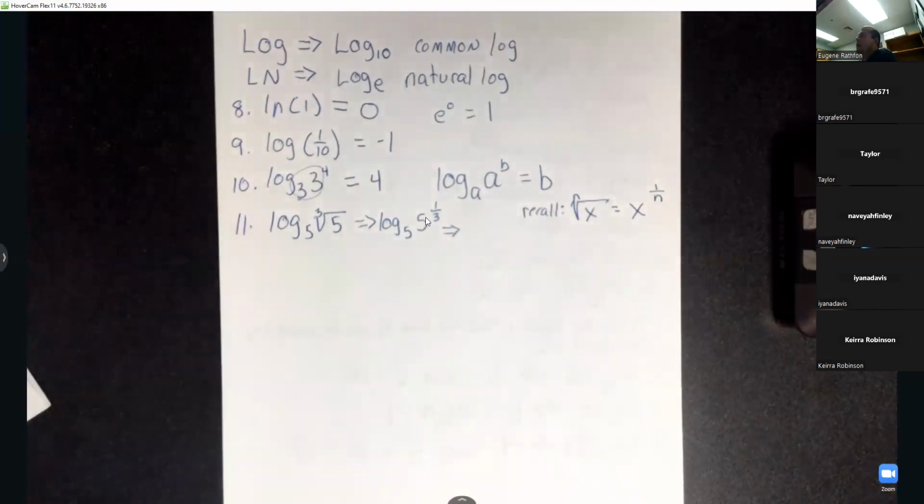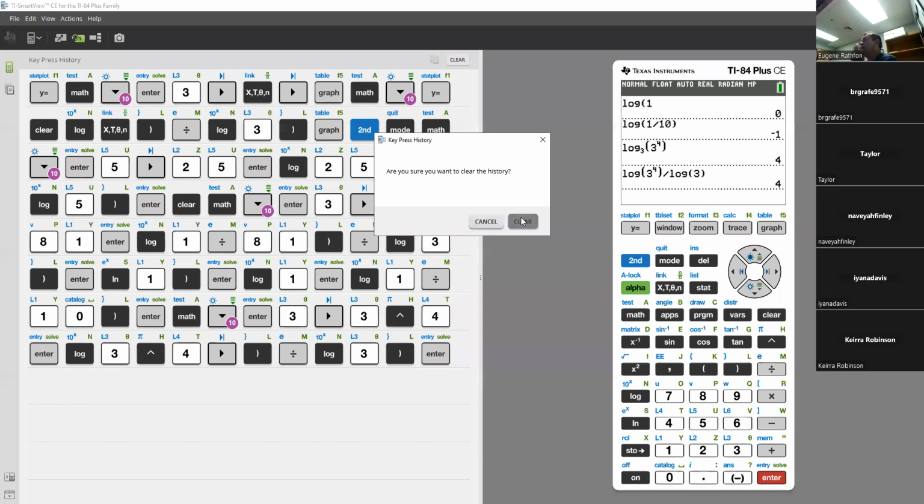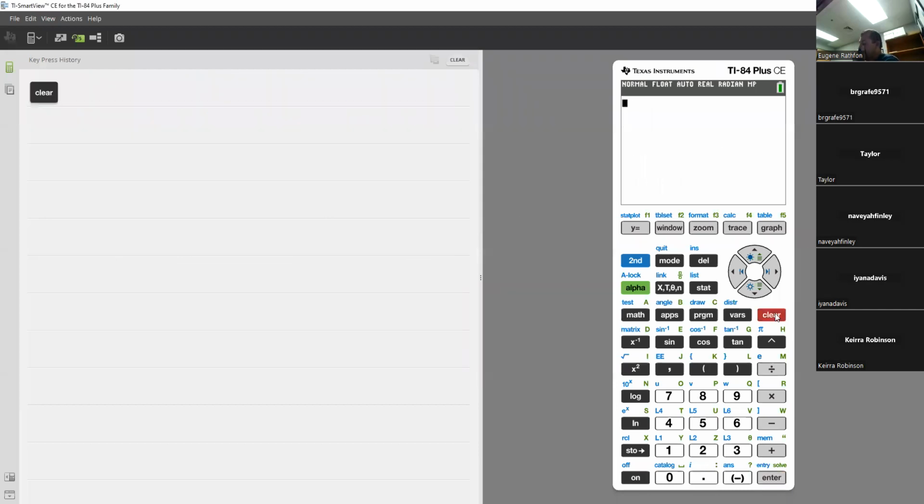Now, let me show you this on the calculator. The calculator has a cube root on it. So to do that problem, let's see, I had what, log base 5. So I would hit math, go down and get my log base. Hit enter, put my 5 in, and then arrow over. It had a cube root of 5.